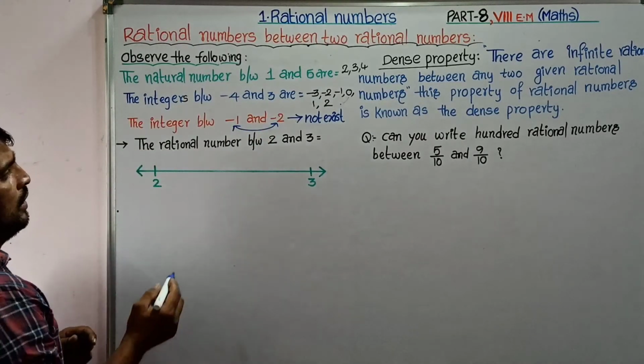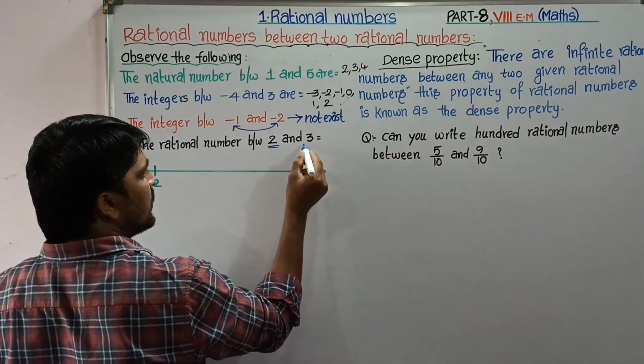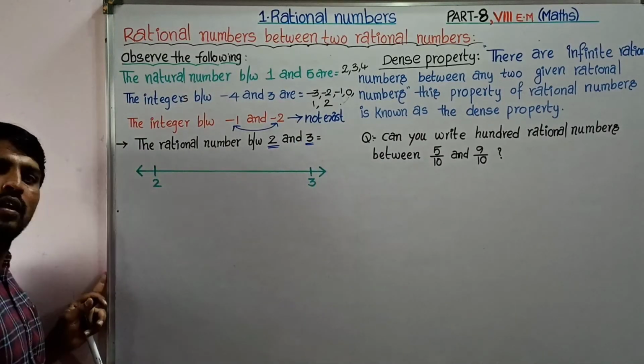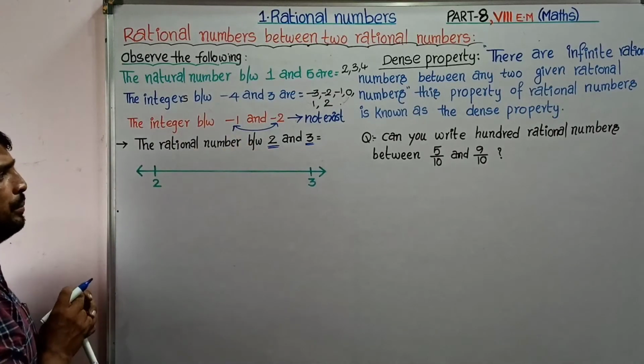Next, the rational number between 2 and 3, where 2 and 3 are integers and also rational numbers.